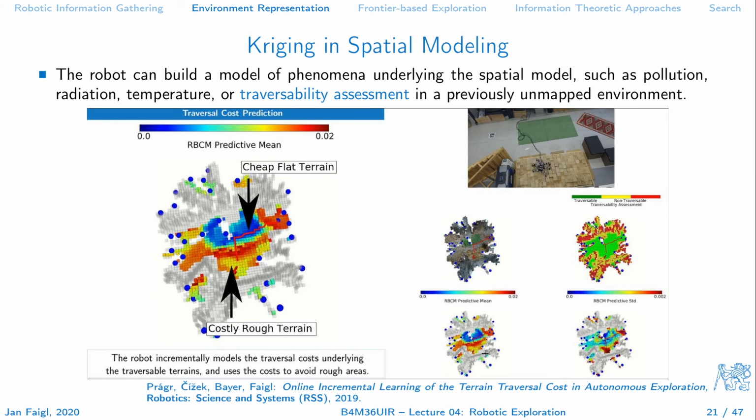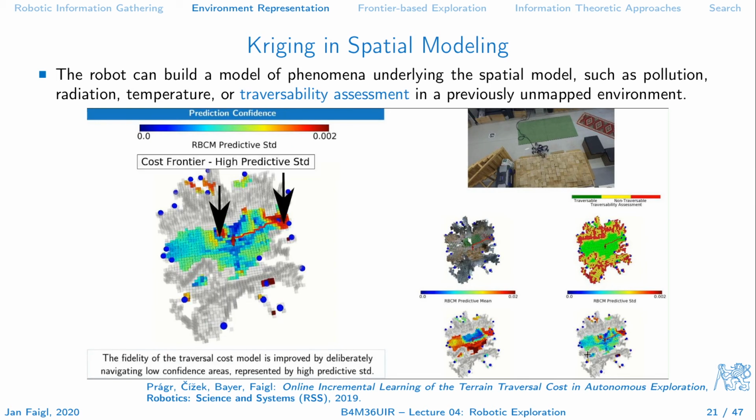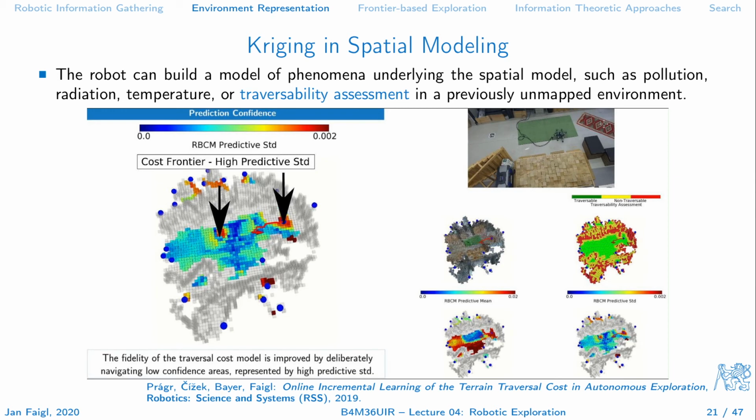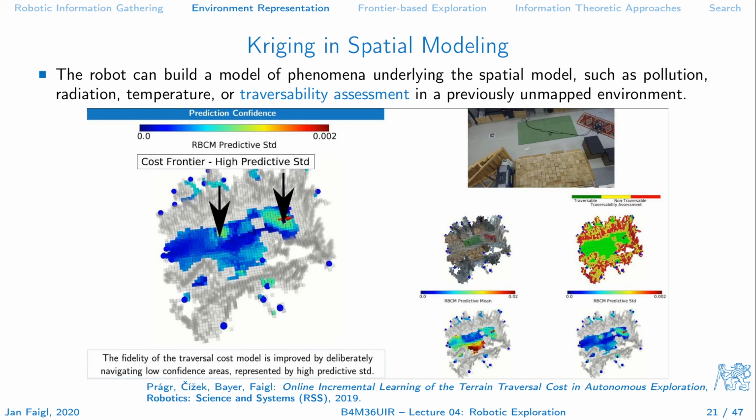The robot realizes it is quite costly. It is now red. It is quite sure that it is costly, so it diminishes the variance. And the robot is actually navigating in a combined form to explore the environment, in the areas with high standard deviation or variance.